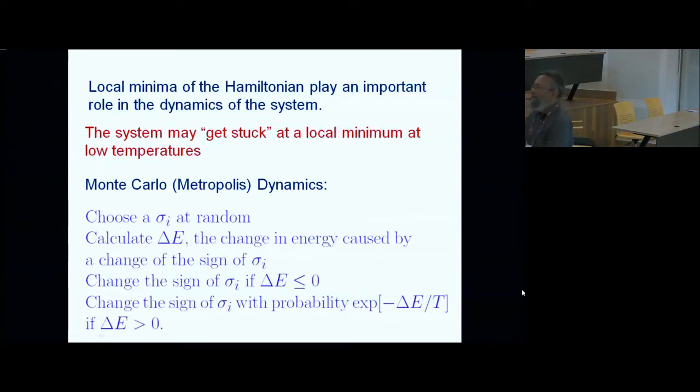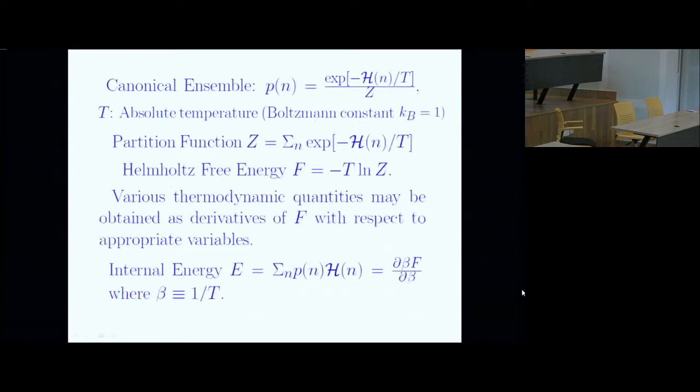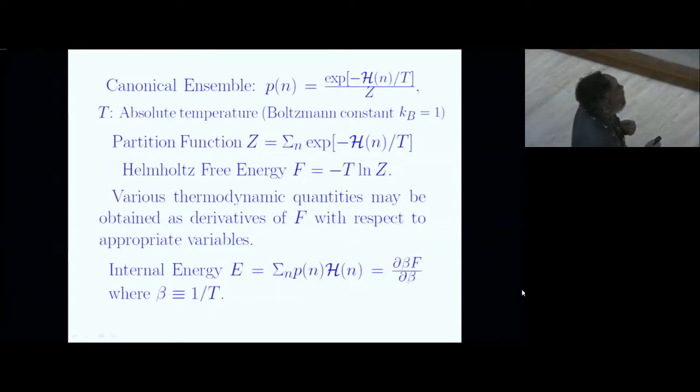Temperature, you have to keep in mind that this comes in here. The absolute temperature tells you about the probability of the various microscopic states that you have in your system.